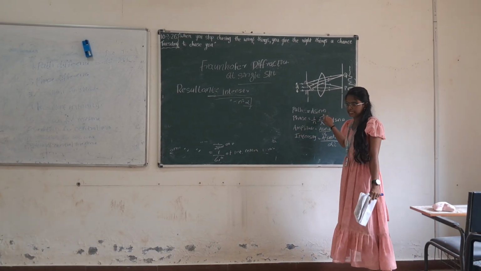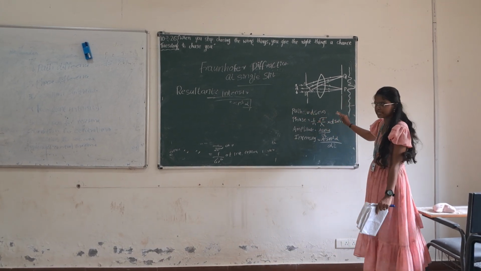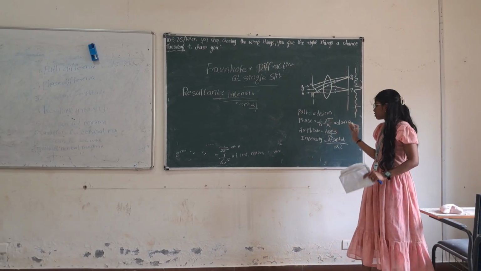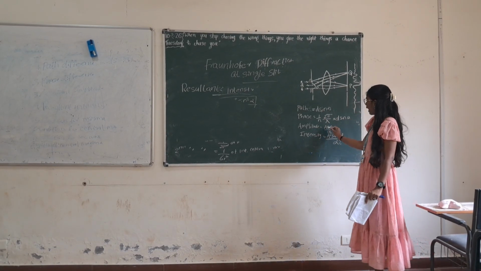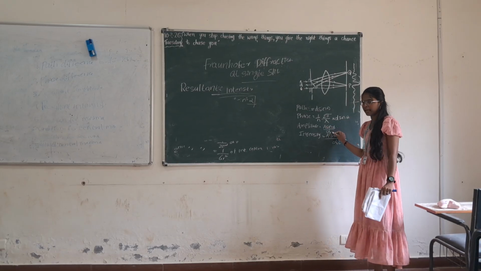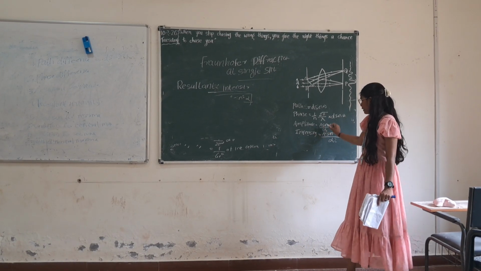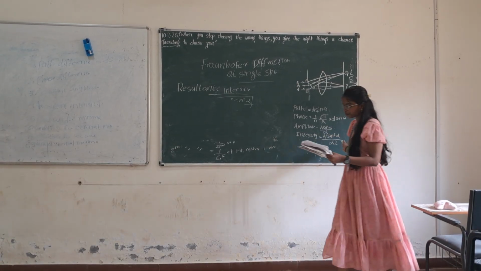The phase difference is d sin theta; only the path difference depends on d sin theta. The phase is 2 pi by lambda into the path difference d sin theta, and then the amplitude is A sin alpha by alpha. Intensity is the square of the amplitude, A squared sin squared alpha by alpha squared.